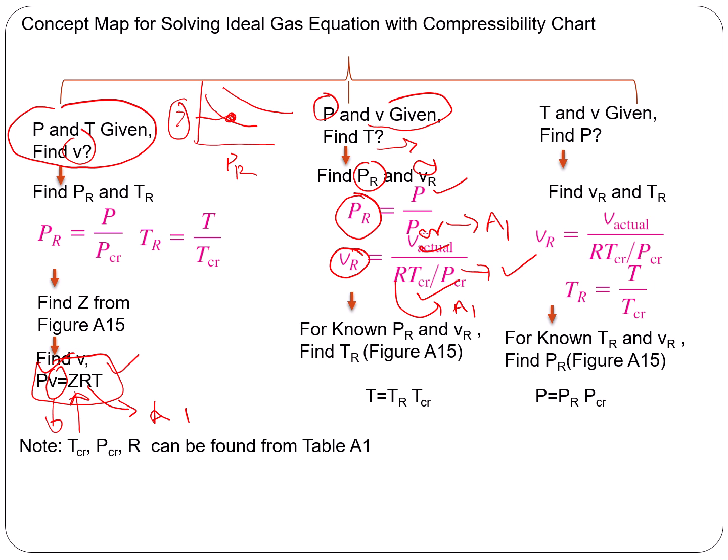So our goal is to find the temperature. So for calculating the value of temperature, again, we are using the chart A15, and we know the x-axis is P reduced, which we got from here. And if you see this plot, these are like T reduced, okay?